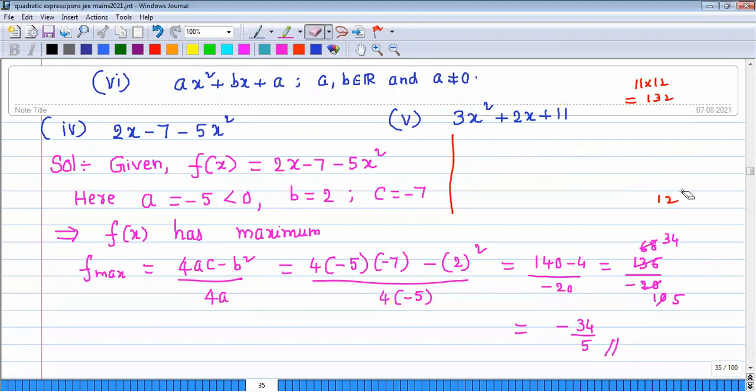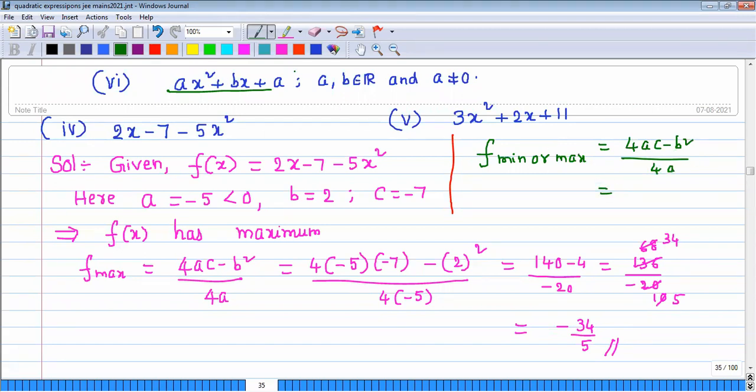So here actually we do not know whether a is greater than 0 or less than 0. So that means it may attain either minimum or maximum. That is 4ac minus b square by 4a itself. So regarding this question, the f min or max value is the same, 4ac minus b square by 4a.